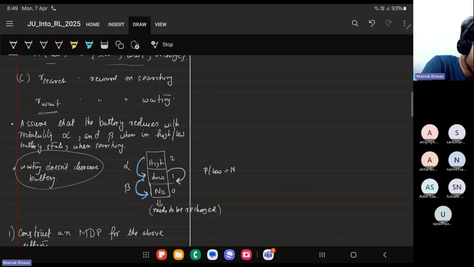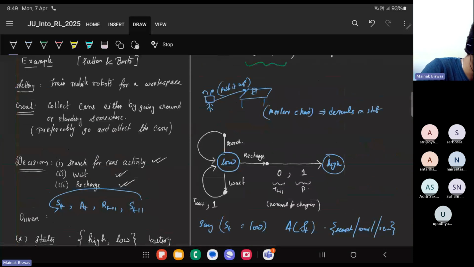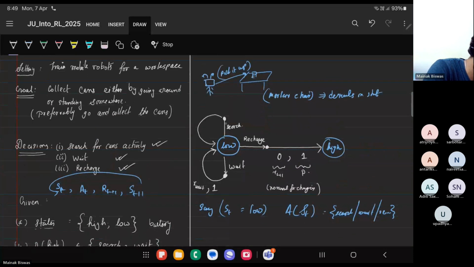Yes, low to no is probability beta. So probability low to low is 1 minus beta. So I search with probability 1 minus beta and I get a reward of R search.